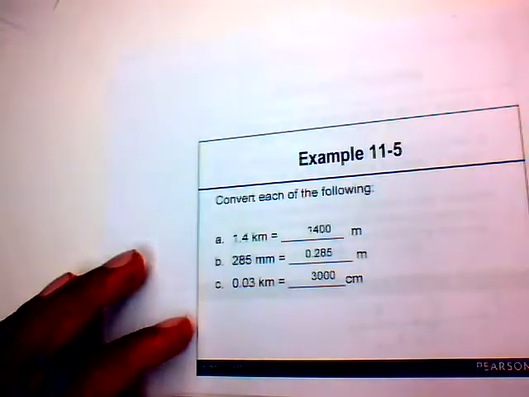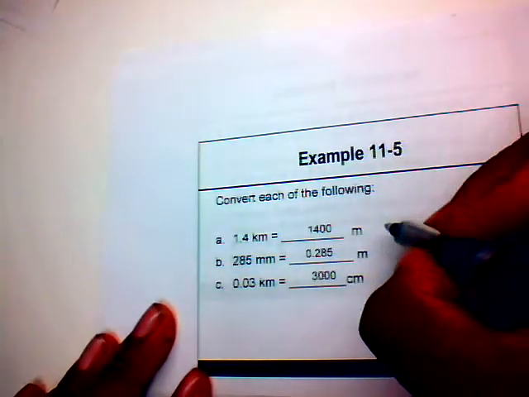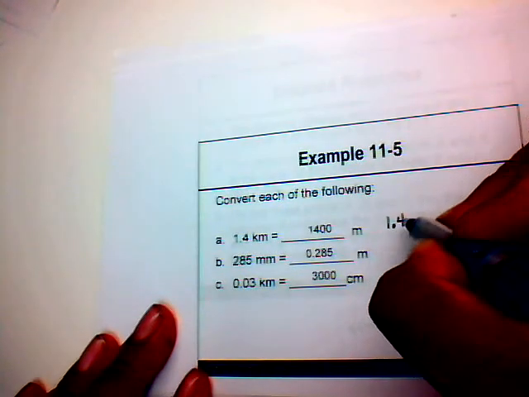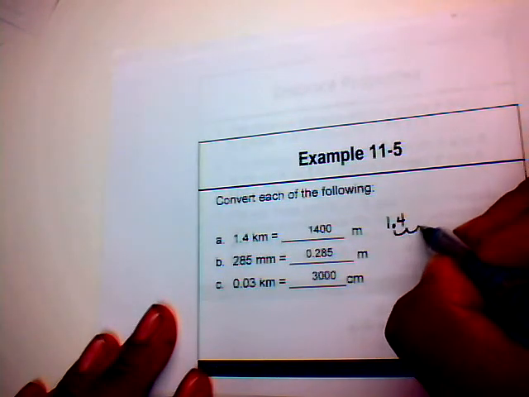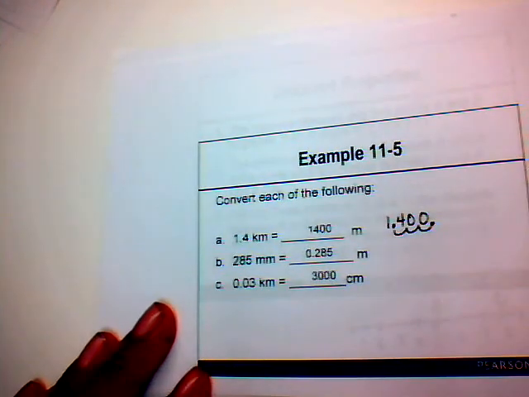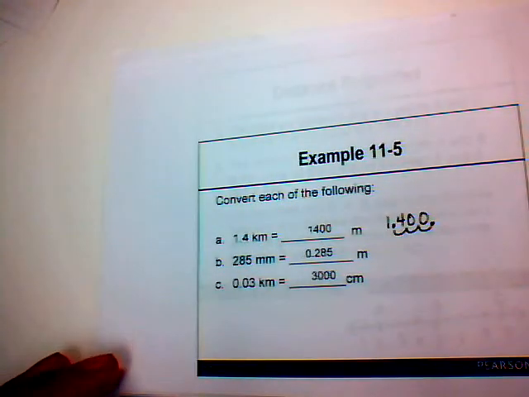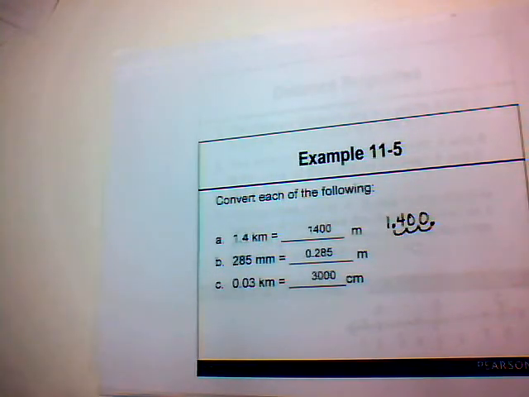So that means in 1.4, we need to move this decimal point 1, 2, 3 places. And then we're going to have to add 2 zeros to do that. So we have to move the decimal point 3 places to the right in 1.4 to get 1,400 meters. So 1.4 kilometers is equivalent to 1,400 meters.